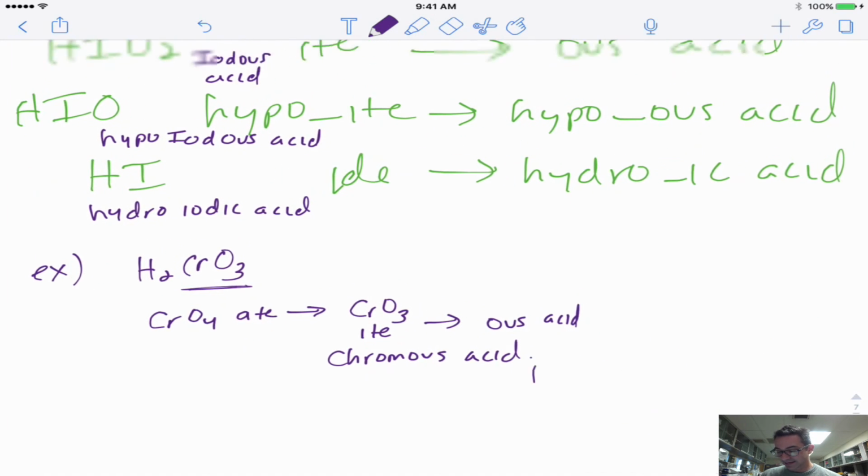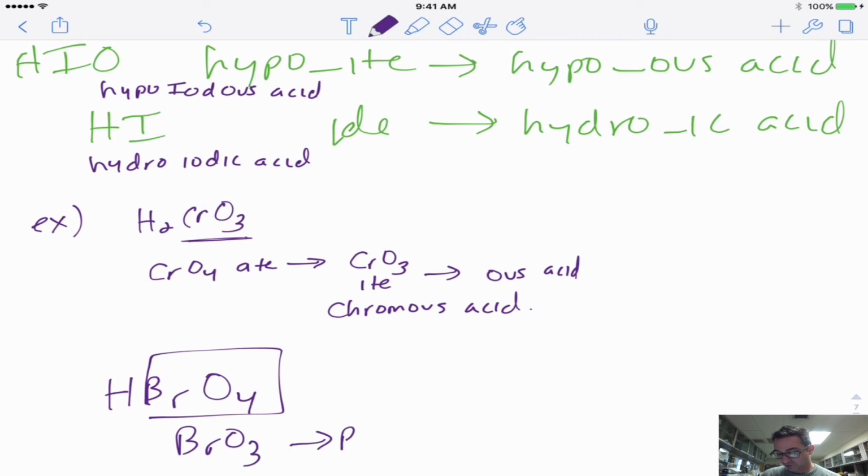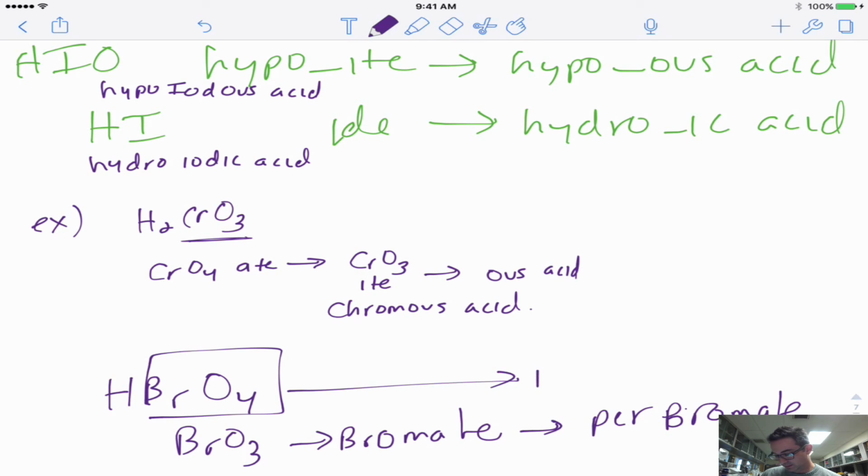I could give you the name too, so I could give you something like HBrO4. I look at this BrO4 and I know that it comes from BrO3, bromate. But it has one more oxygen, so it would be perbromate. Perbromate would give me perbromic acid.